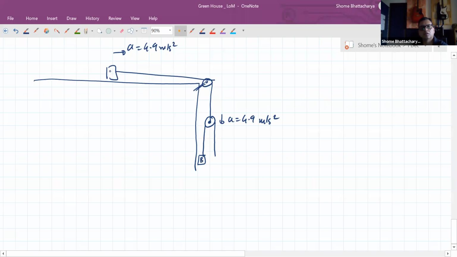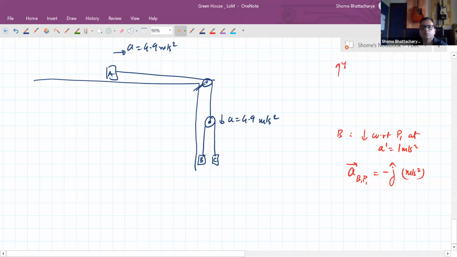Now see what is happening is this block B is coming down with respect to the pulley at A prime equal to 1 meter per second square. So we can understand like this, that the acceleration of the block B with respect to the pulley P1 is equal to minus 1 j cap meters per second square, if you take the y axis to be upwards.